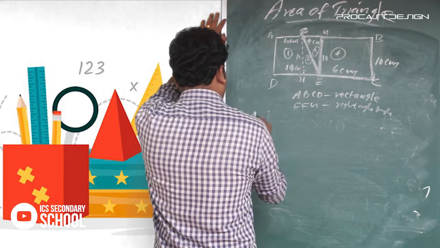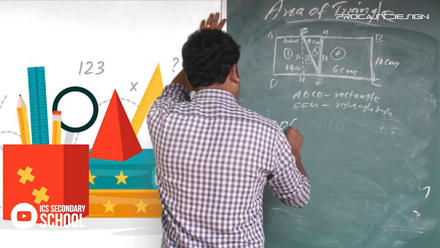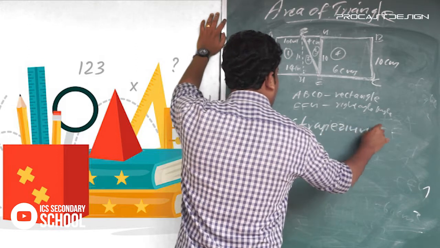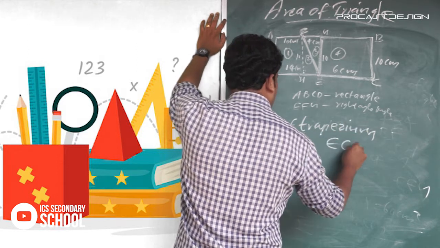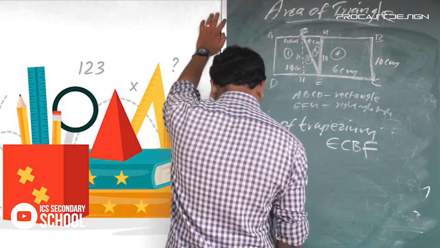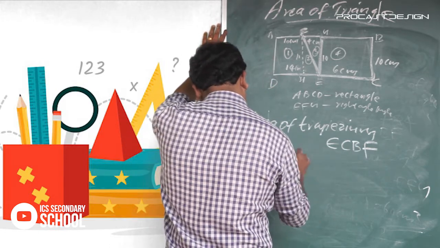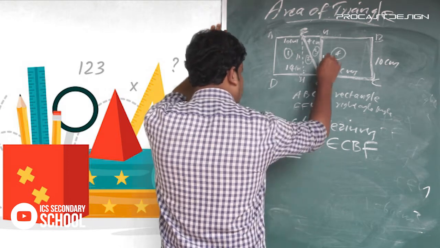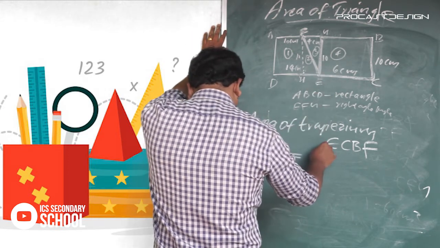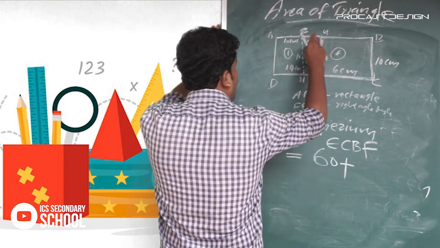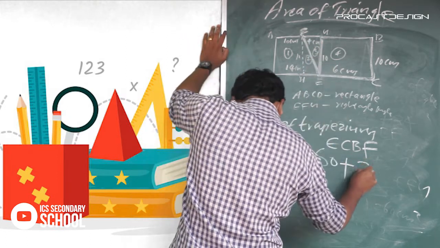So now we can calculate the area of trapezium ECBF. Area of rectangle we got 60, plus area of right angle triangle we got 20.